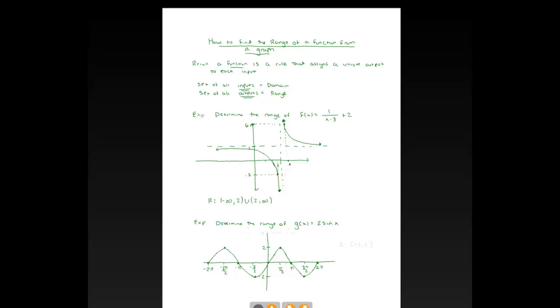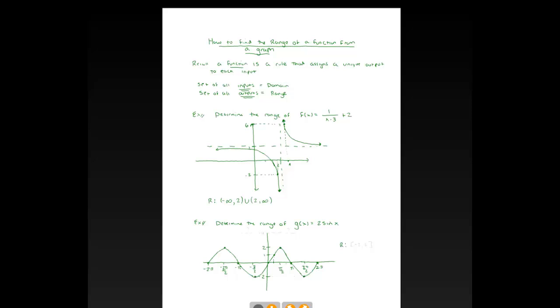So I'm going to play the same game I did above to determine the range. Let's start thinking of y values that are outputs for this function. Well, for instance, 1 is an output because if I go to the right, I see that that point there is a point on the graph, and 1 is an output for whatever this particular input here, whatever that x value is.